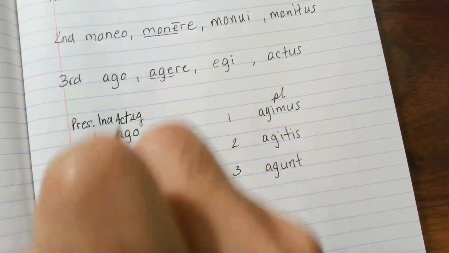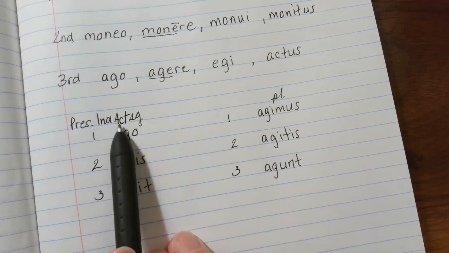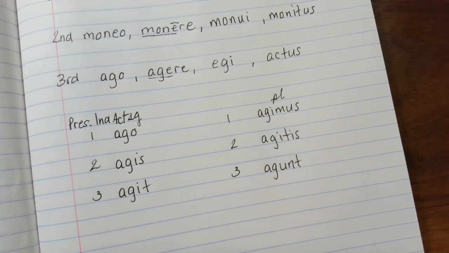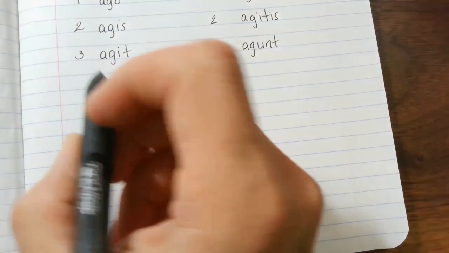Indicative and active, okay? So we have the tense, the mood, and the voice. Active means the subject is the one doing it, acting upon someone else or something else. All right, so Wheelock goes to the future next. Let's just follow Wheelock. He knows what he's doing.